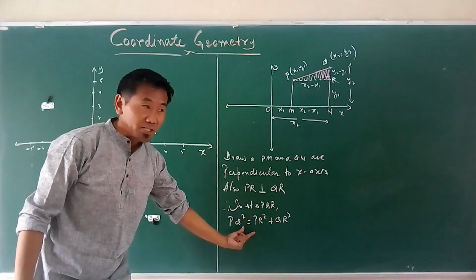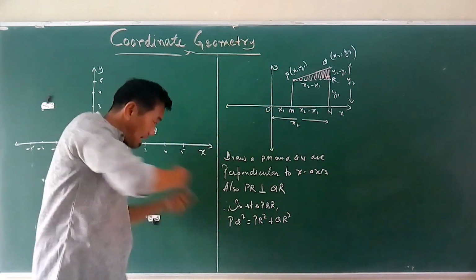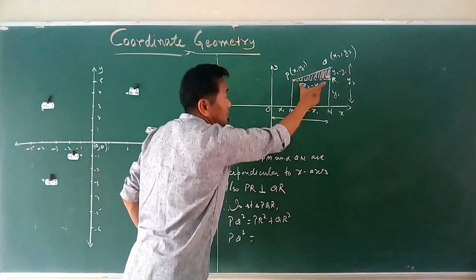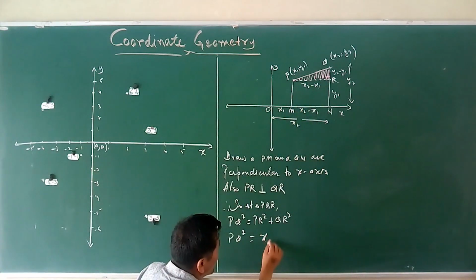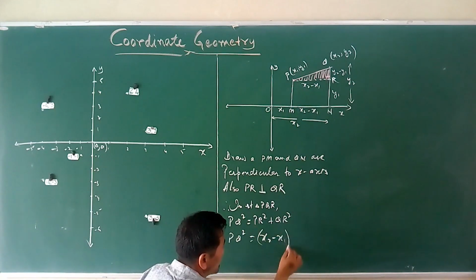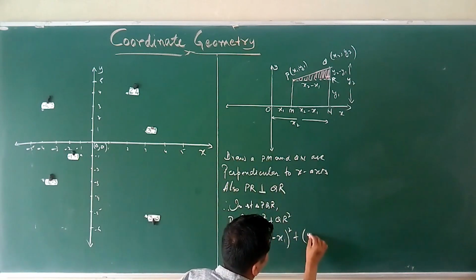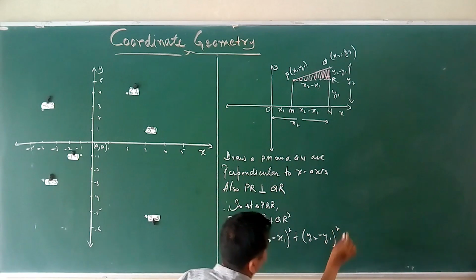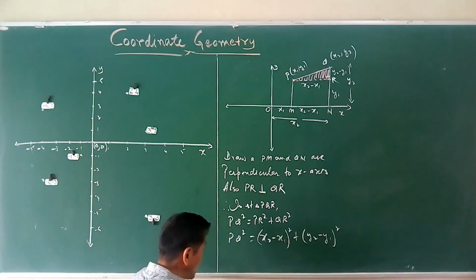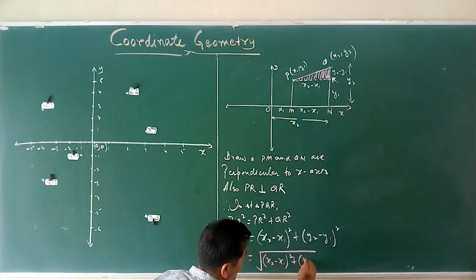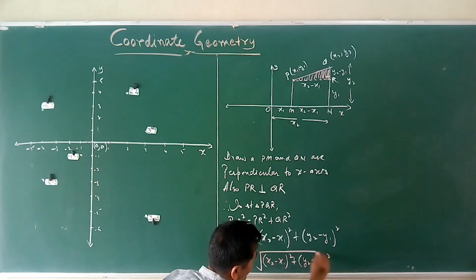So this distance PR is x2 minus x1 whole square, plus QR value y2 minus y1 whole square. This PQ square is equal to x2 minus x1 whole square plus y2 minus y1 whole square.